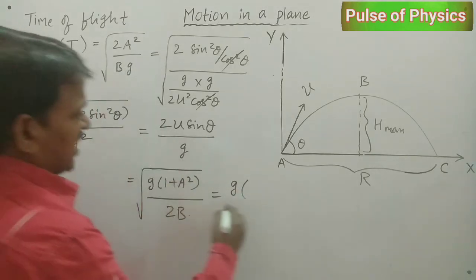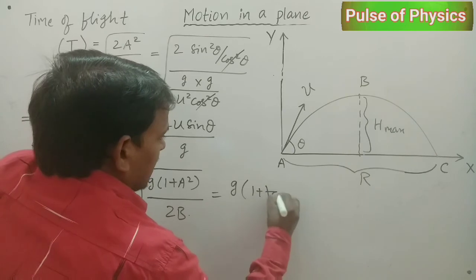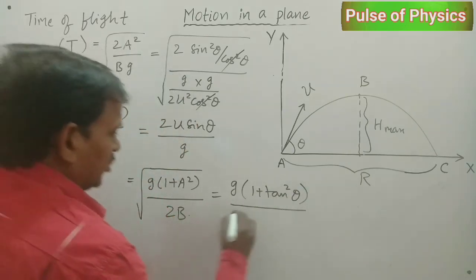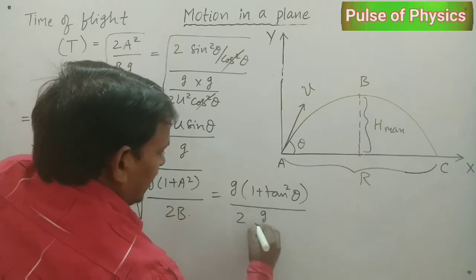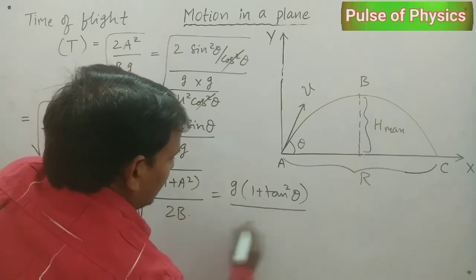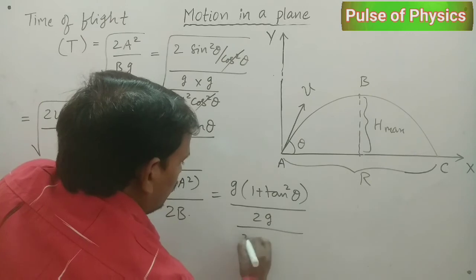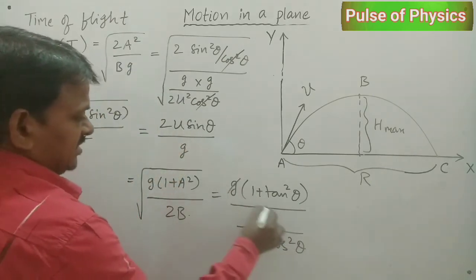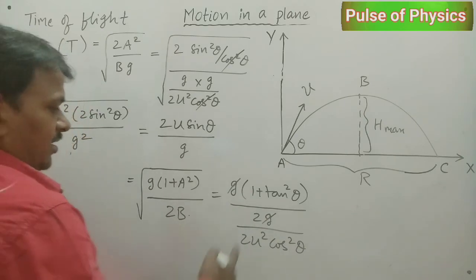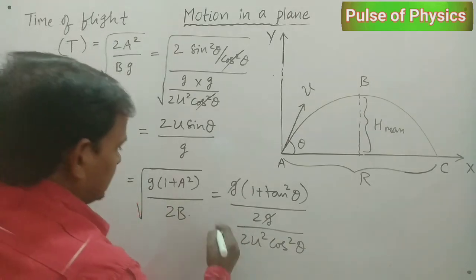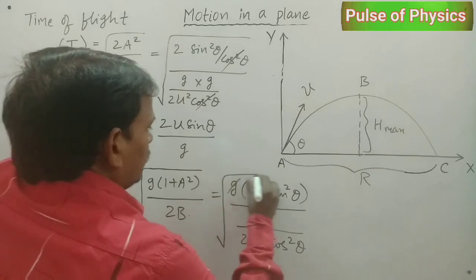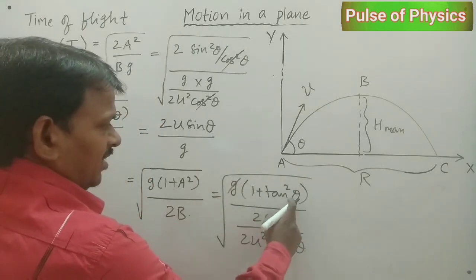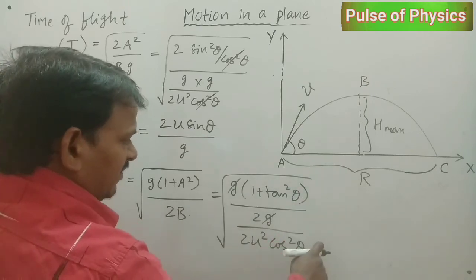A is tan theta. 1 plus tan square theta. This is 2 into g by 2u square cos square theta. Right, G gets cancelled. Then this under root, no? Right. This becomes secant square theta. It becomes 1 by cos square theta.